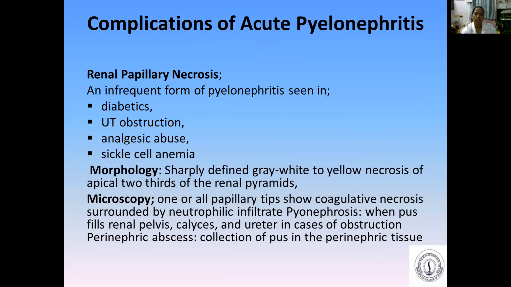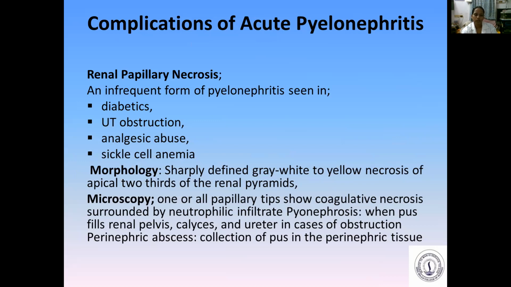So the complications of acute pyelonephritis. The main complication is renal papillary necrosis, an infrequent form of pyelonephritis seen in diabetes, urinary tract obstruction, analgesic abuse, and sickle cell anemia. The morphology shows sharply defined gray-white to yellow necrosis of the apical two-thirds of the renal pyramid.